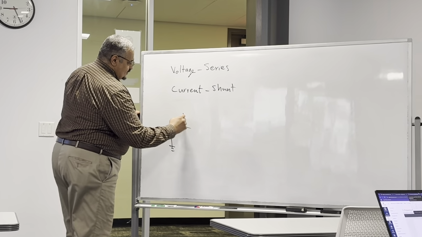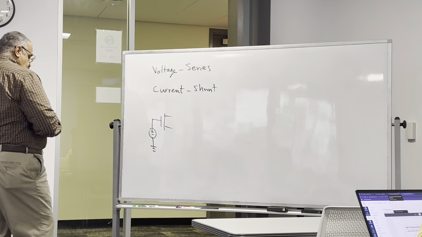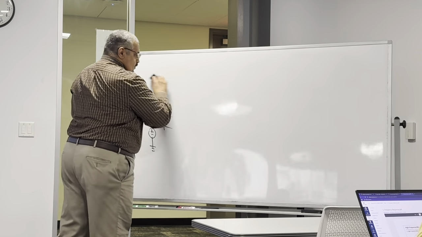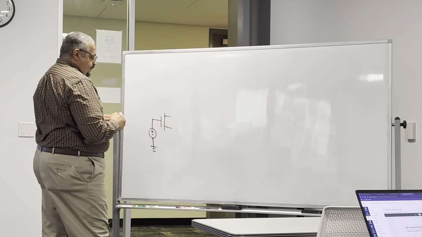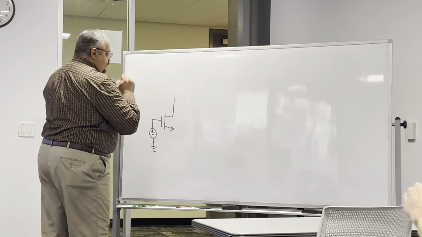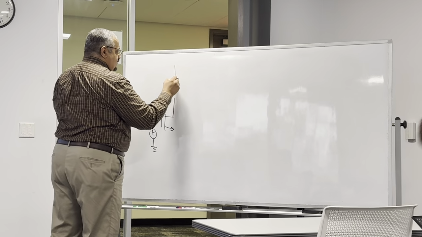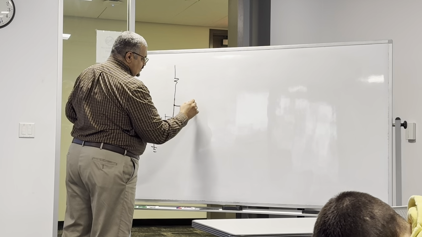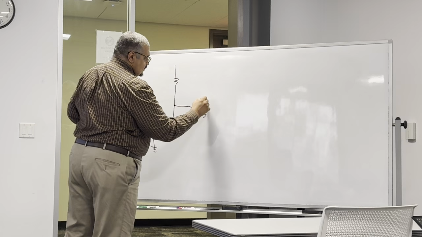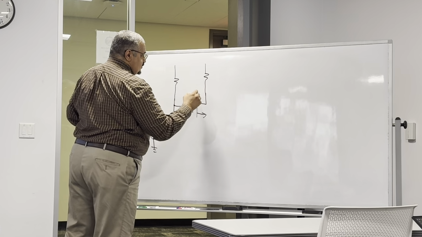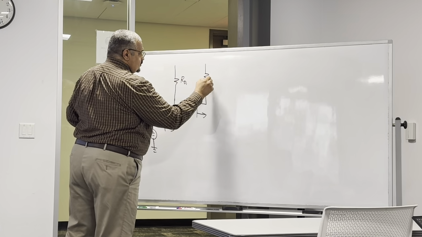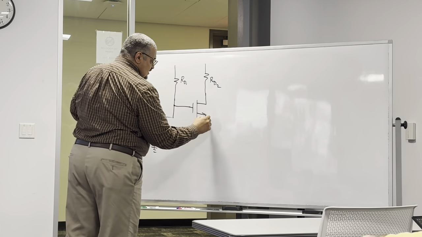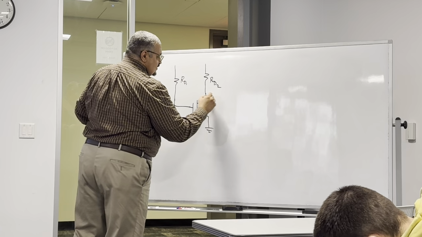So this is the first transistor, and this is RD1, and this is the second transistor. And this is RD2. And this is grounded, and this is the output, right?